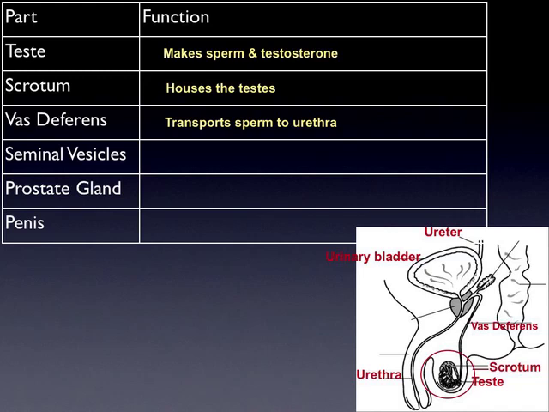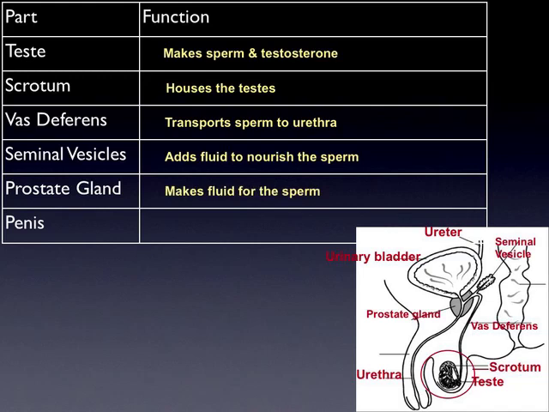The two we'll talk about are the seminal vesicles up here and the prostate gland. Both add to the sperm to form the semen. The seminal vesicle is this one. It adds fluid to help nourish the sperm. And the prostate gland also makes fluid for the sperm.